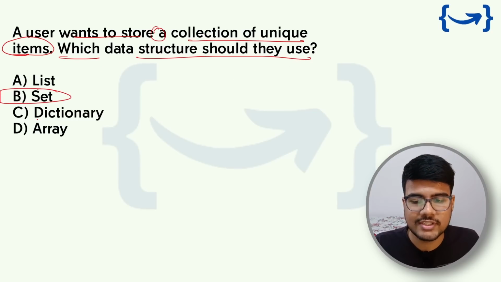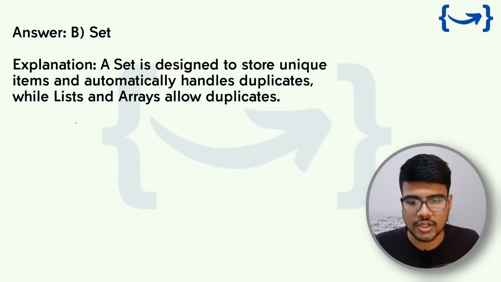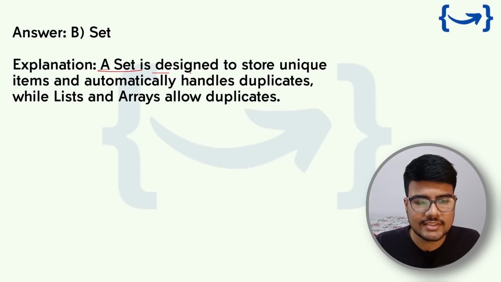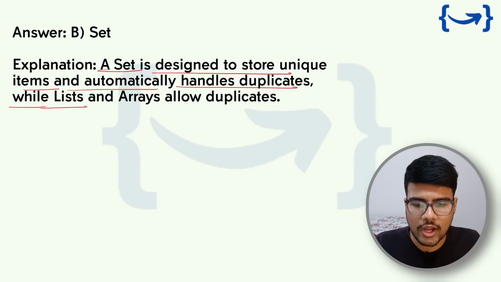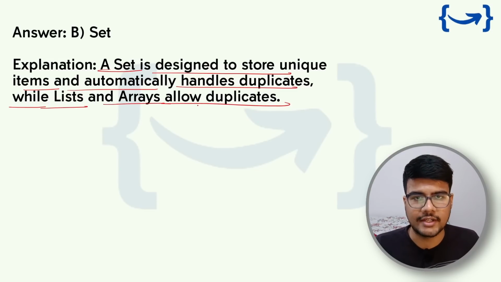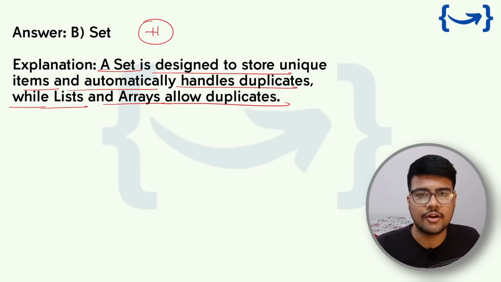They should use a set, because it is useful to store unique items. So yeah, set is the right answer. A set is designed to store unique items and automatically handles duplicates, while lists and arrays allow duplicates. So +1 mark for marking the right option, and do let me know how many marks you got at the end of this video so that everyone can relate and compare how prepared they are.